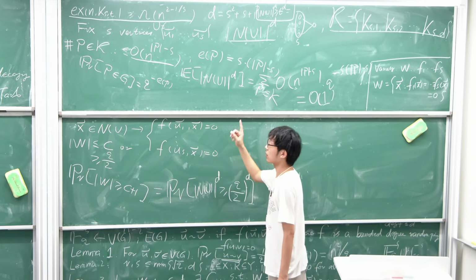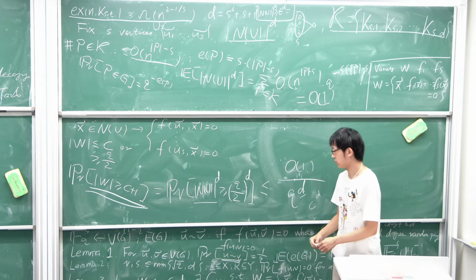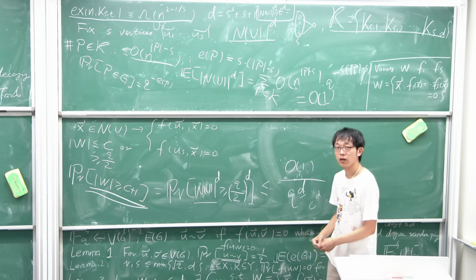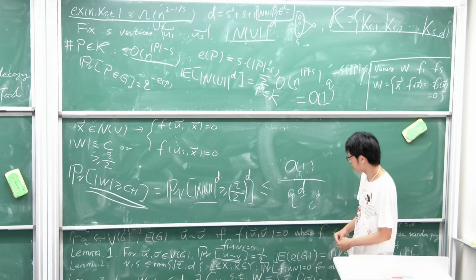If we just use the random construction to upper bound this term and directly use the Markov inequality, then this is just a constant to the D, right? But the random algebraic construction, and especially the third lemma, tells us that we can have a better control of this probability. Okay.